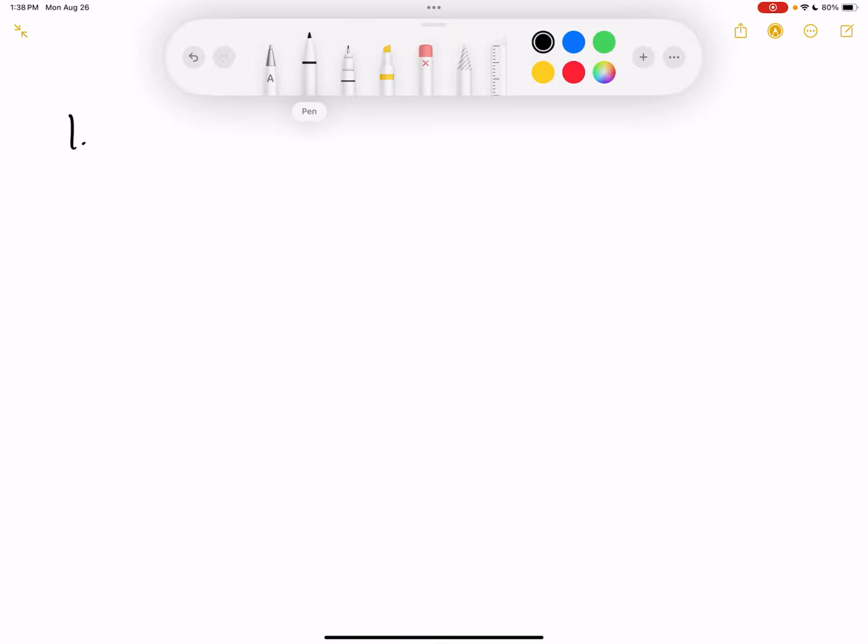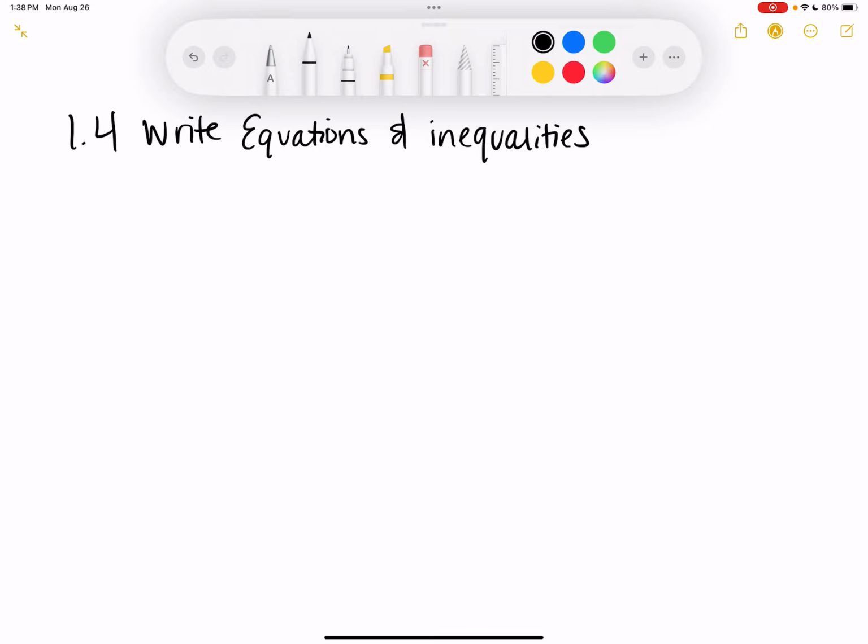All right, 1.4, write equations and inequalities. So some definitions.